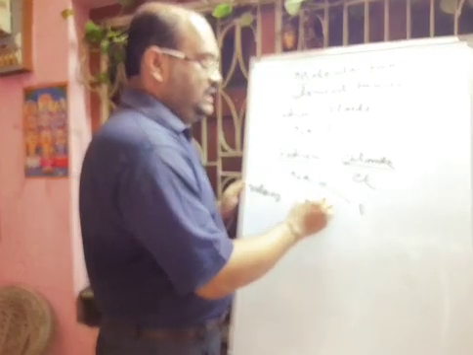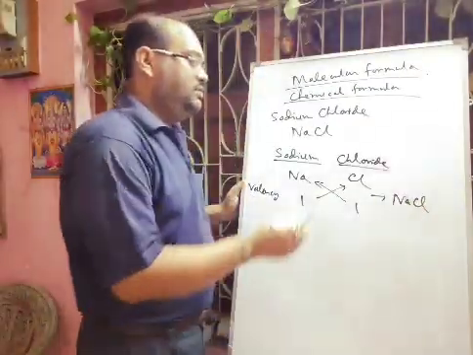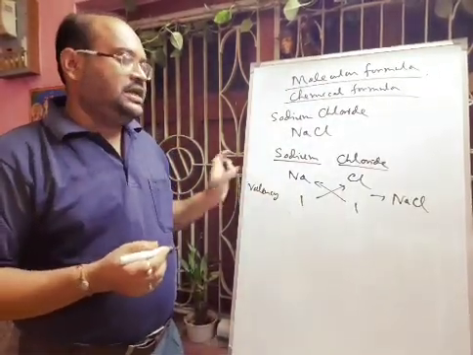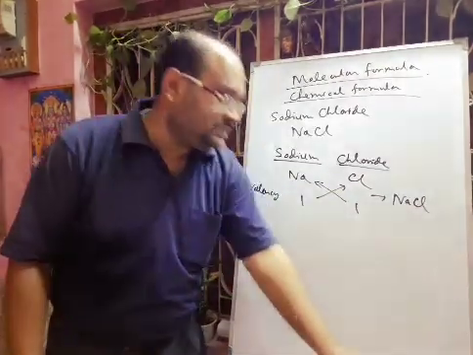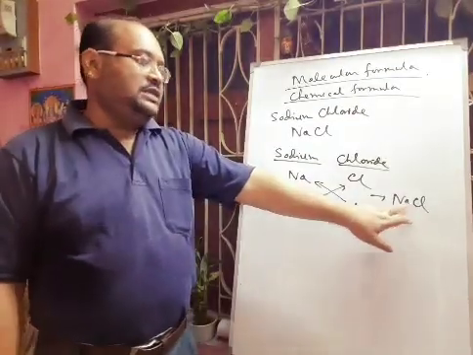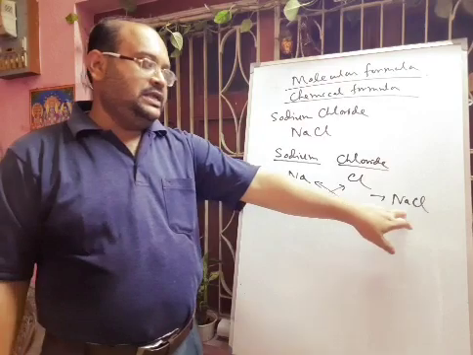So then you have to interchange the valency. You have to write NaCl, okay, that will be the molecular formula or chemical formula. Actually, in case of NaCl, there is no molecule concept, there is the concept of crystal. Later you will be able to understand. Now at your level you can say that sodium chloride is the chemical formula that we are representing as NaCl.